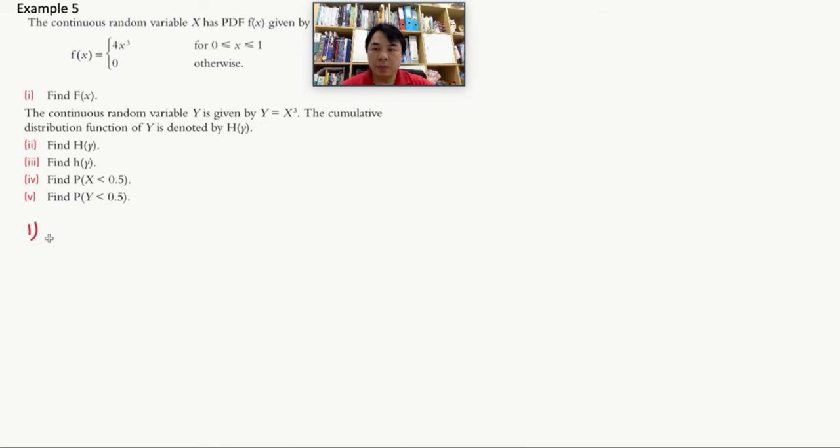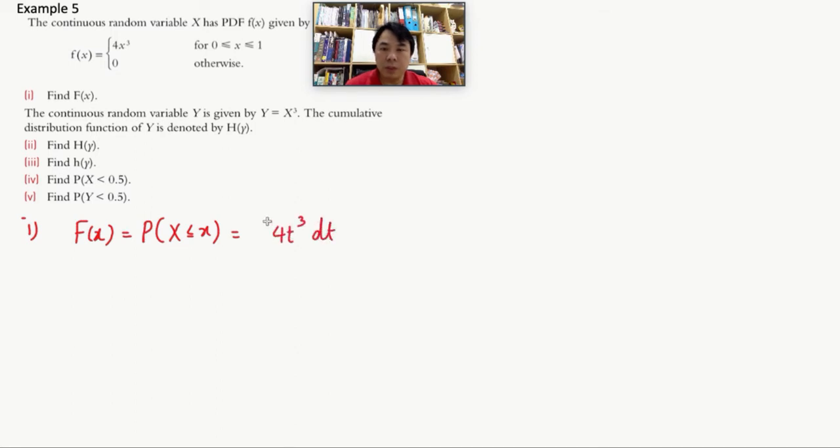Now, the first one. By considering this domain here, we are going to work out its distribution function, which is given by this definition. I'm going to do it directly this time.